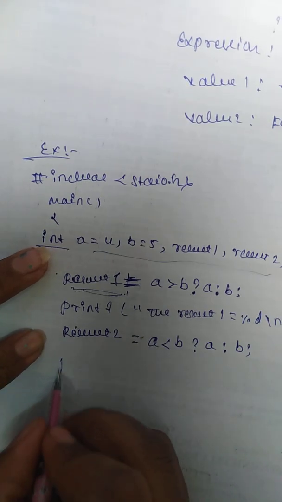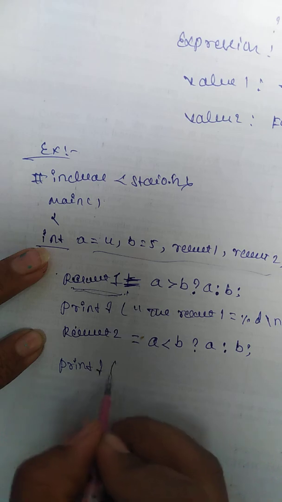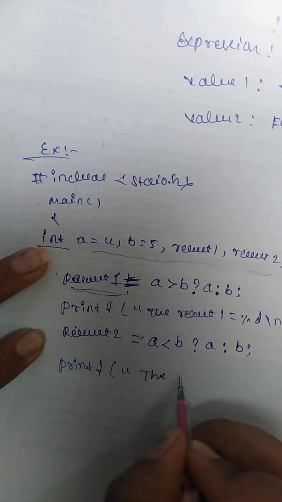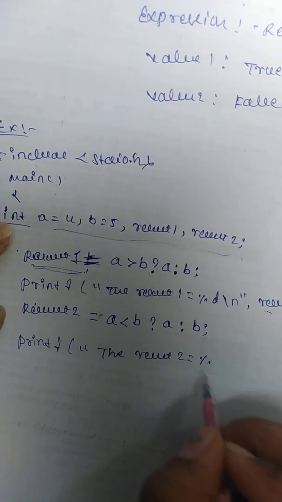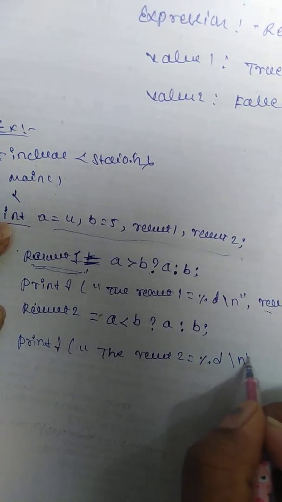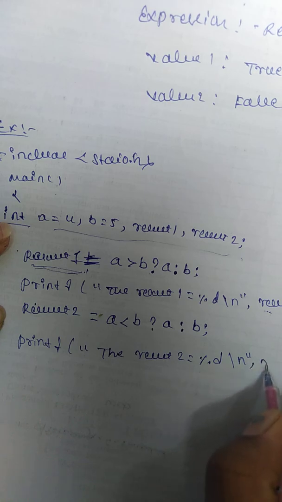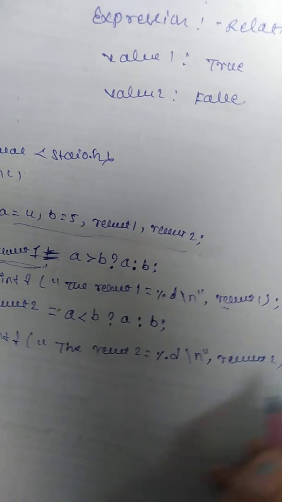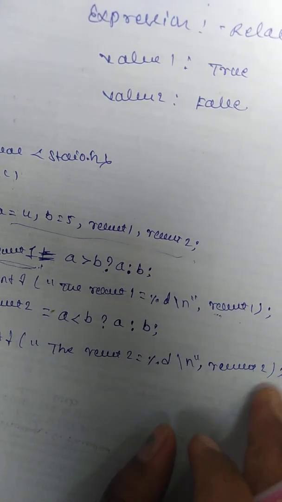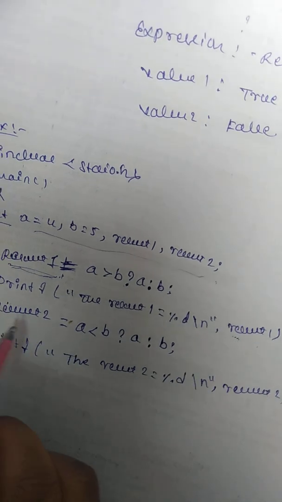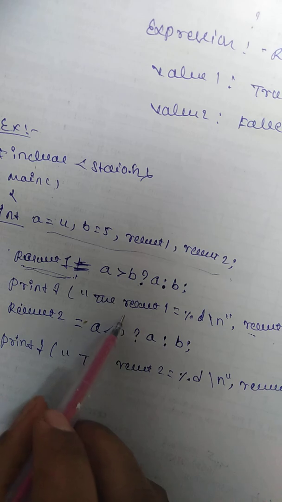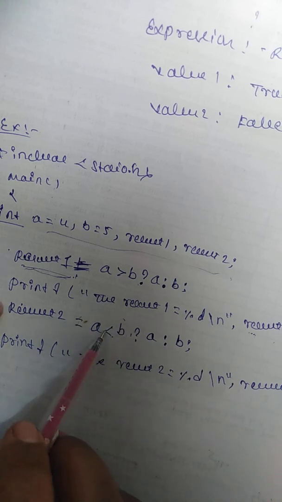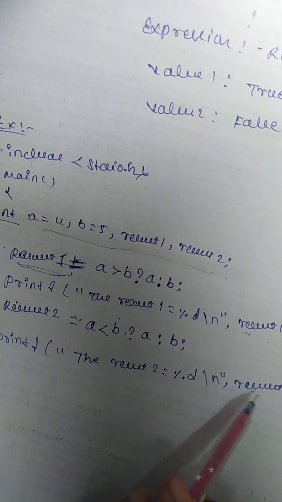Then printf result 2 is equal to percent d backslash n. Backslash n means a new line. Here I will represent result 2. Why? Because result 2 is equal to the a less than b operation, and whatever operation is performed here will be stored in result 2.